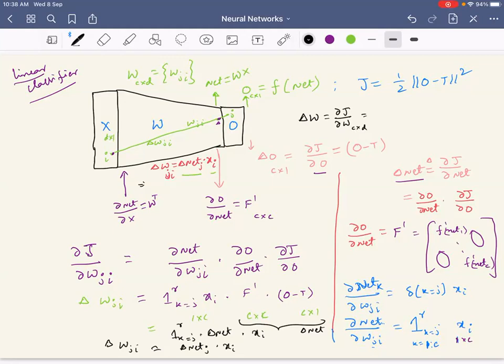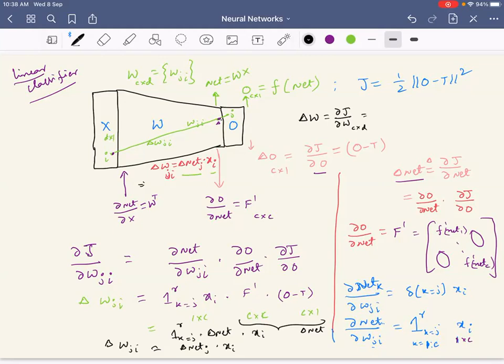No answer? What are the variables in delta W? Summation and all you can tell later, but what are the variables involved? You tell. That's good enough for me. See, for writing any weight update, error at this end multiplied by input at this location, I said. Error at this end, what is it?